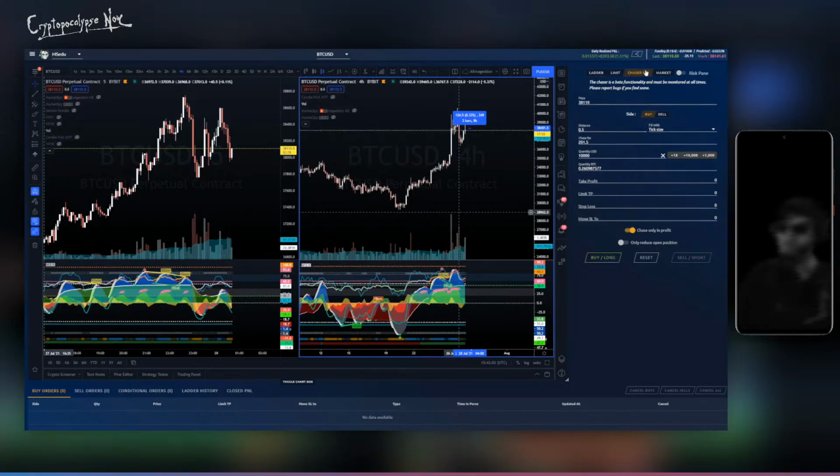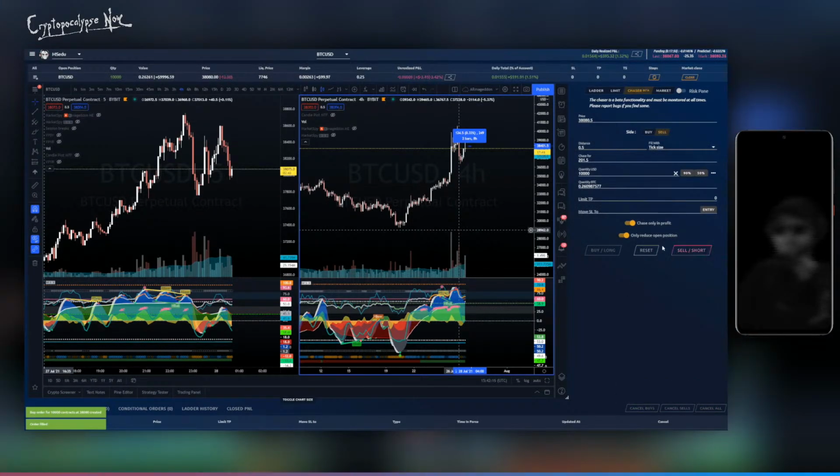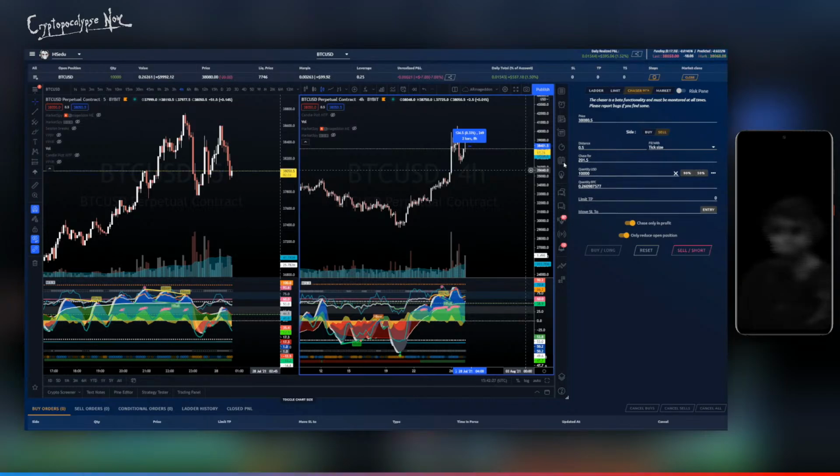For those of you who are wondering what chaser is, if you have a trial or a full version of Bybit Pro, just go to bybit.com, open it on your second monitor, and when you click buy, see what happens. As it looks at the distance, it chases, and see what happens at Bybit.